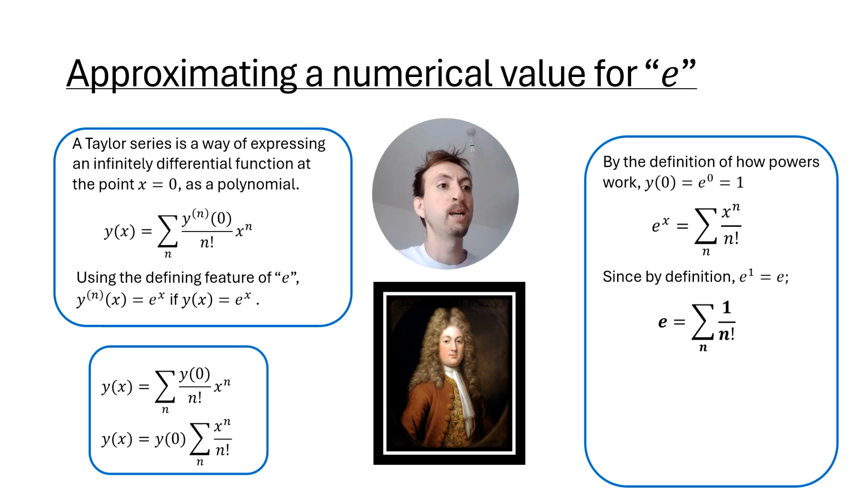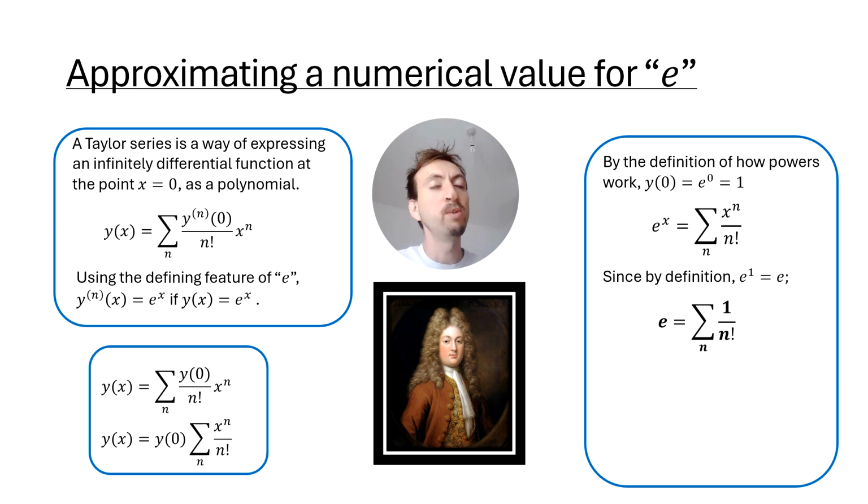And so our Taylor series expansion for e, just the number e, is the sum over n of 1 over n factorial. Now n factorial gets dramatically bigger as n increases. Therefore 1 over n factorial gets dramatically smaller as n increases.